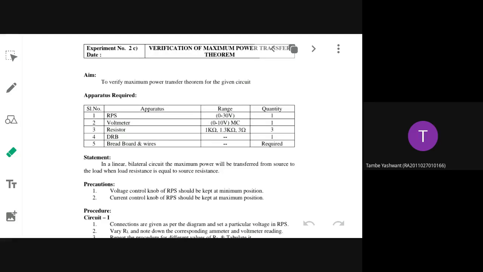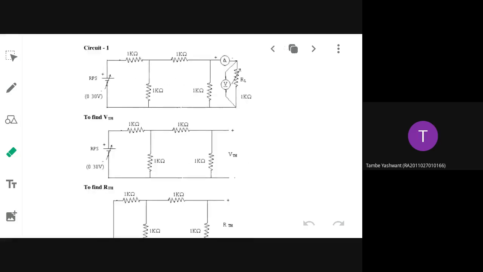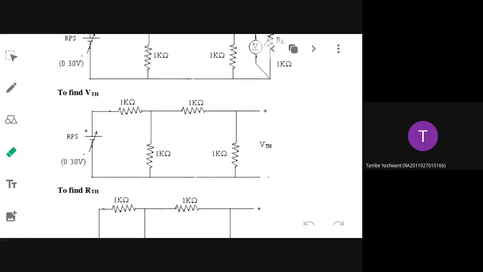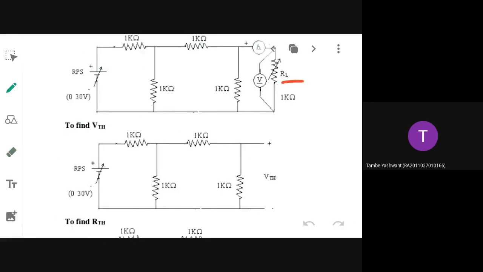Alright, next we'll move on to maximum power. For that, as I told you, here you are connecting a potentiometer and varying it. Every time you vary, you note down I and V, then you calculate power, tabulating all of it.